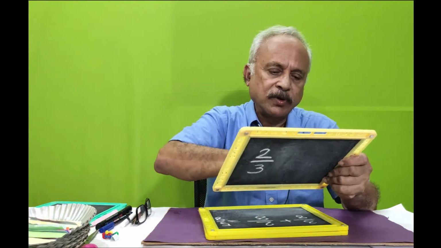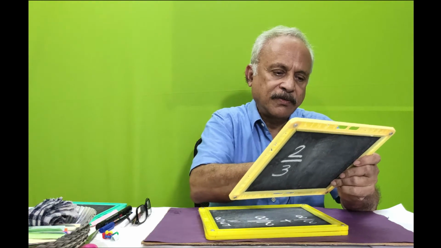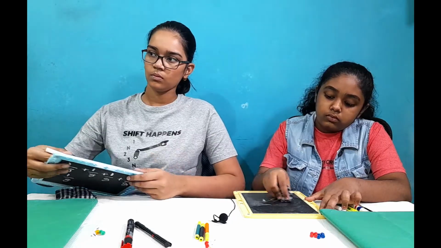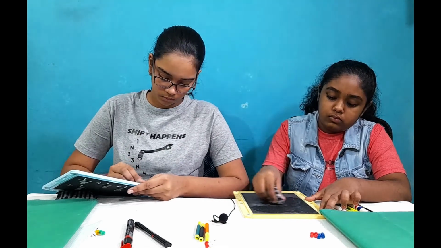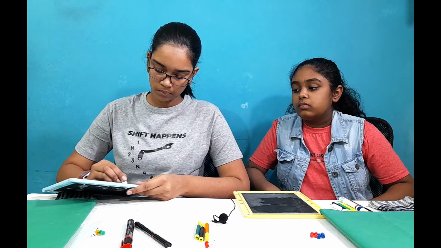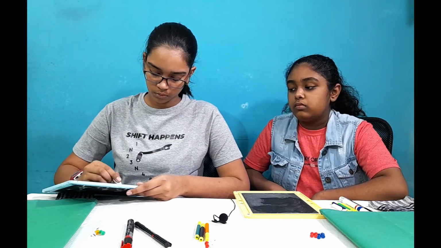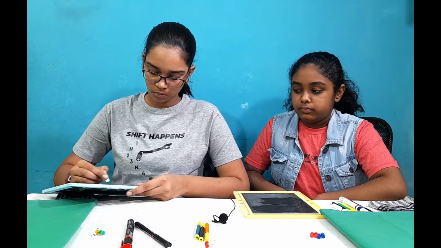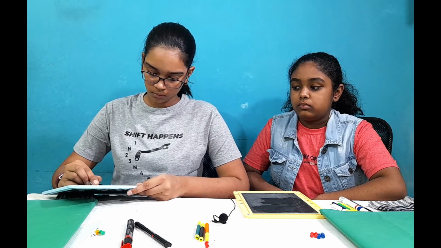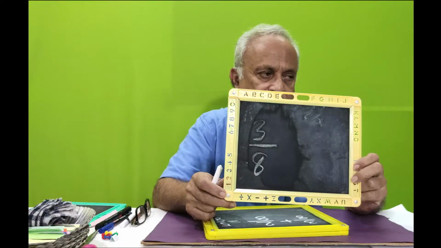And let's do one, Nandita. Write the equal ratios for 3 by 8. Okay, that's enough.